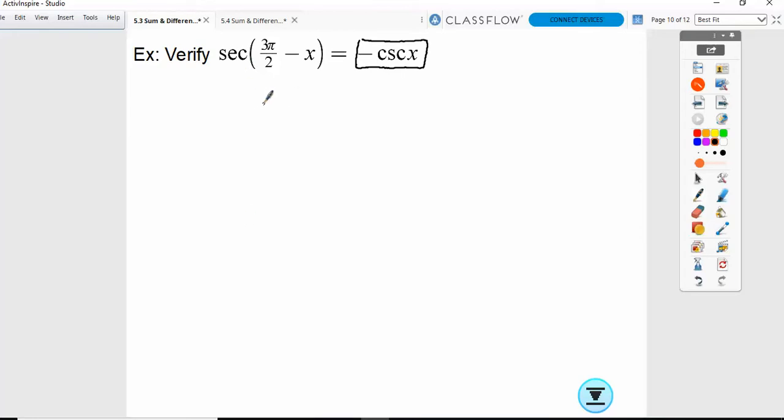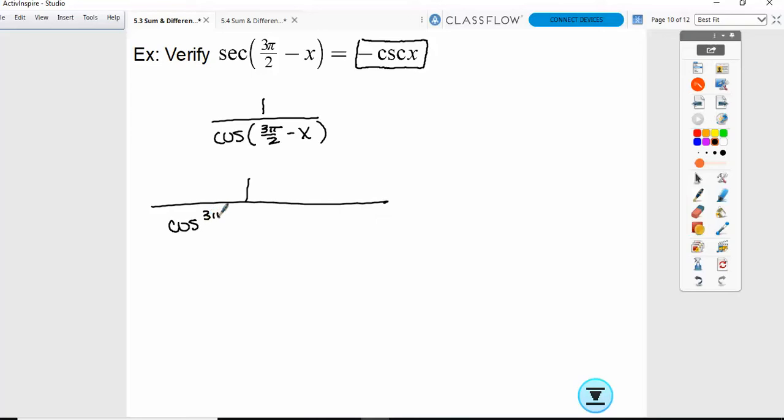We don't have a formula for secant. Yeah. So now we can do the cosine difference formula. So cosine of the first, cosine of the second, plus sine of the first, sine of the second.